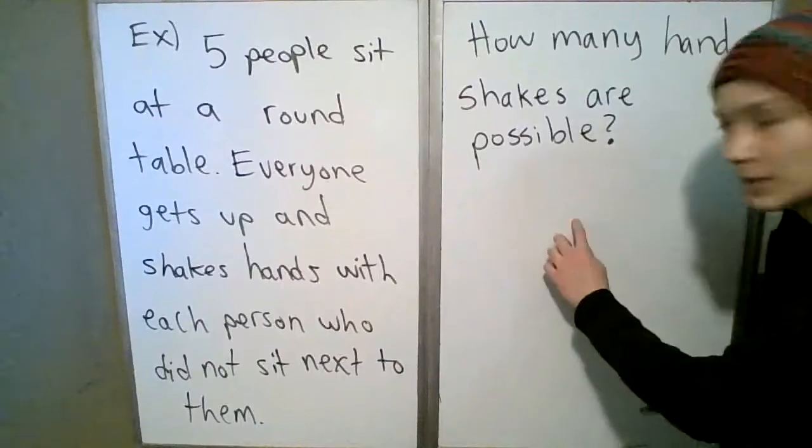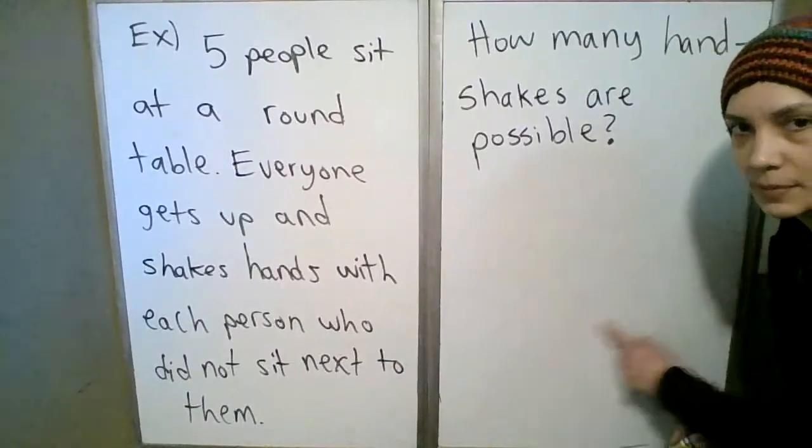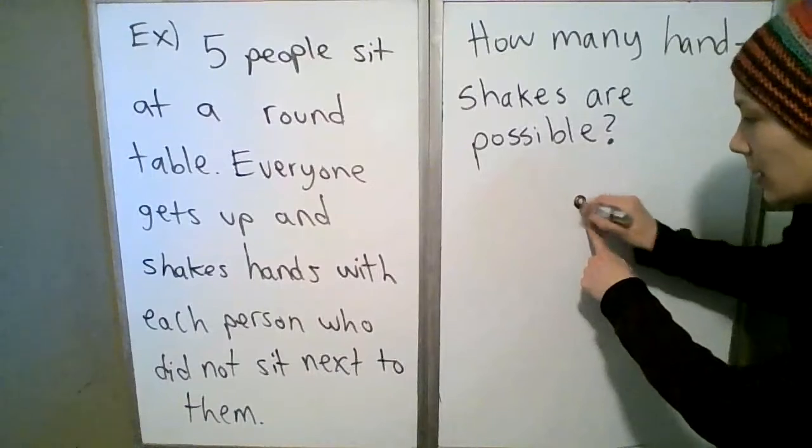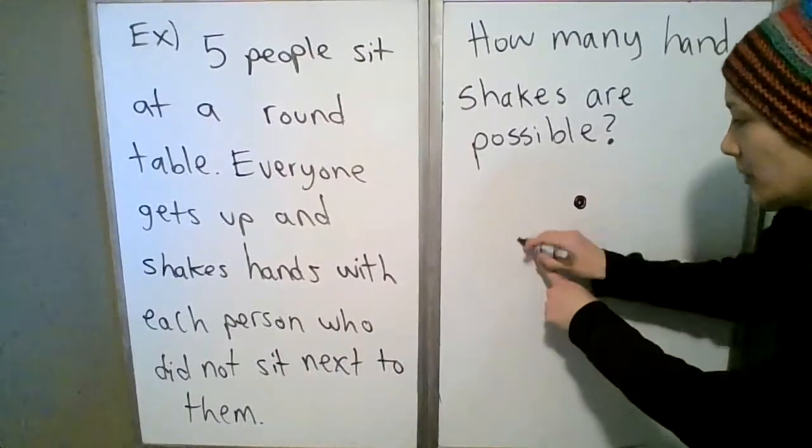So we're going to pretend the table's here, a big circle. We have our 5 people sitting around. It's like a little bit spaced out from each other.